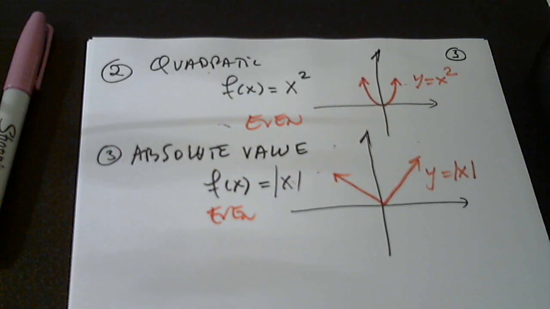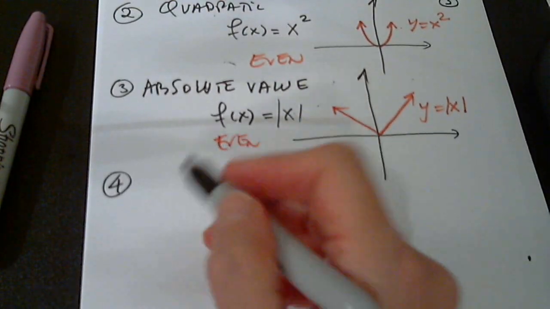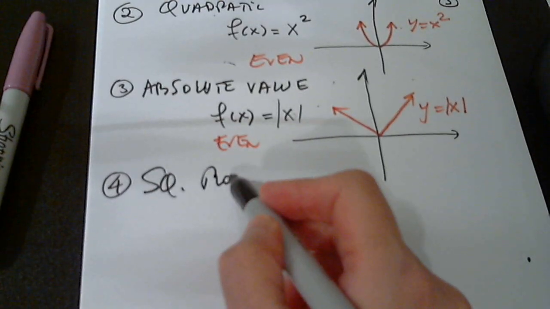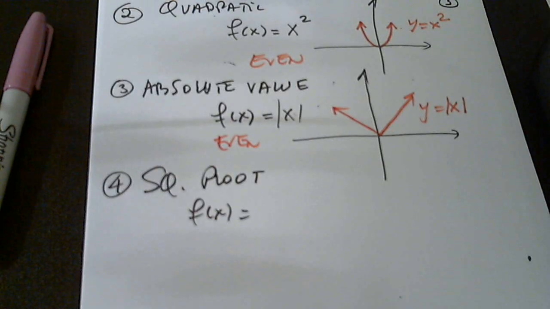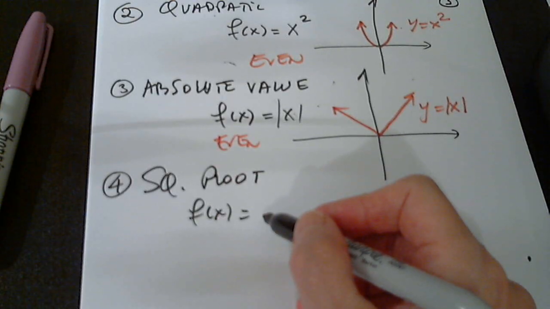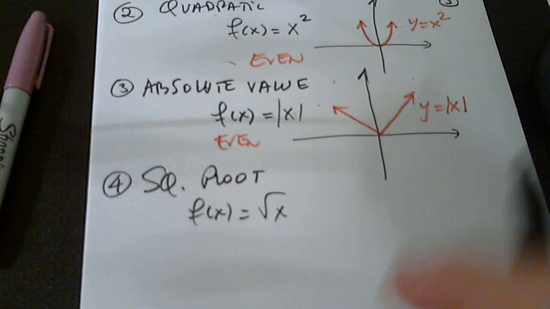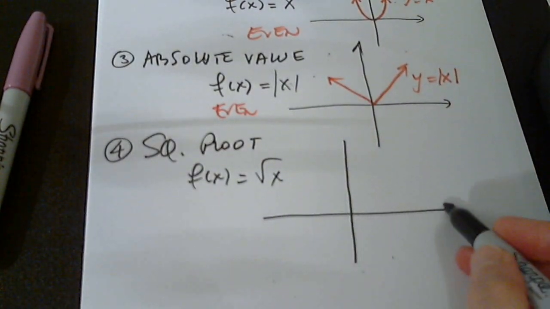Good. Category number 4, square root. Can anyone give us the simple, basic square root? Is it just square root of x? That's it. Absolutely. Nothing else. Basic. Okay.